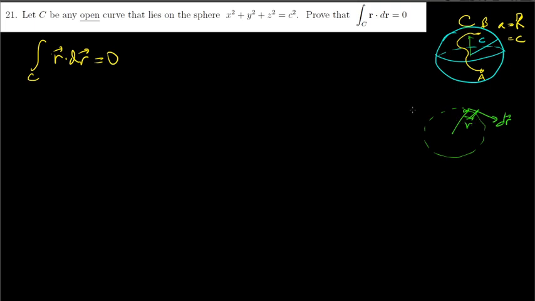R dot dr should be 0. Okay. But let's work it out. Let's just parameterize this curve. Well, since this could be any curve, I don't think we want to give a specific parameterization. I'll just call them x, y, and z as functions of t. And then dr would just be, again, dx as a function of t, dy, dz.